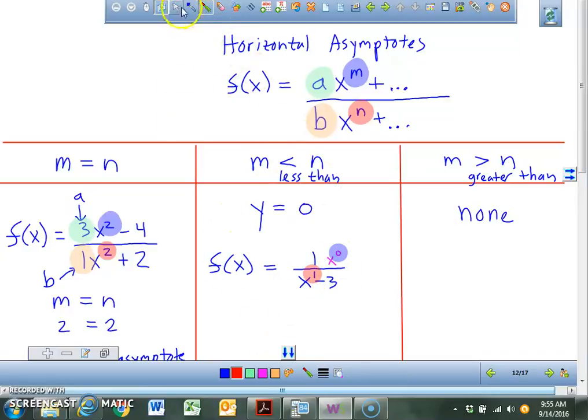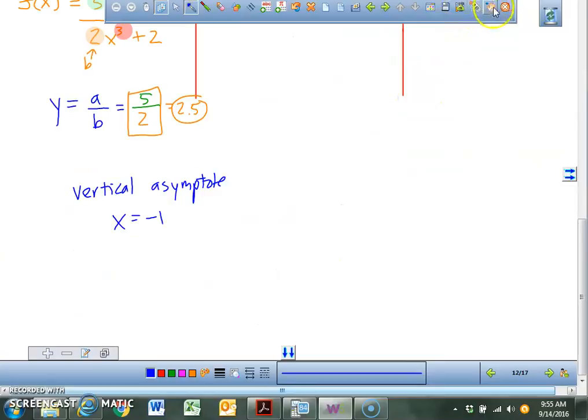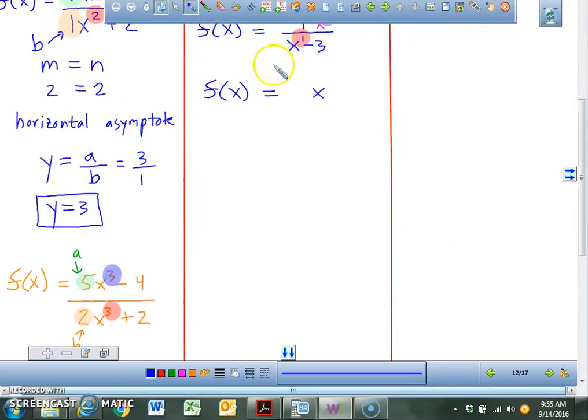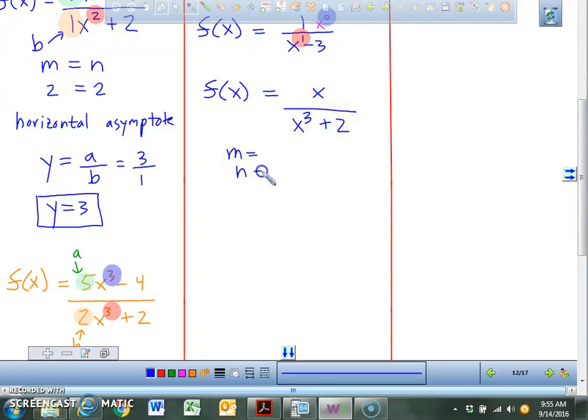So I'm going to give you a quick little test. Here's an equation: f of x equals x over x cubed plus 2. What's your m value and what's your n value?